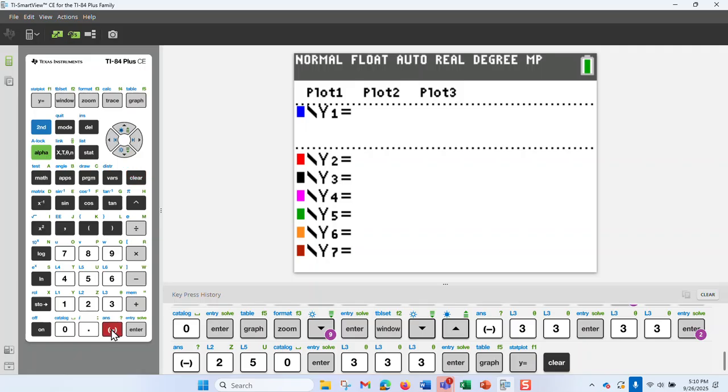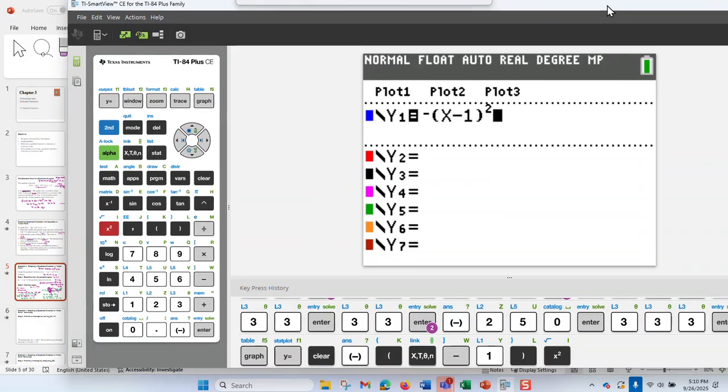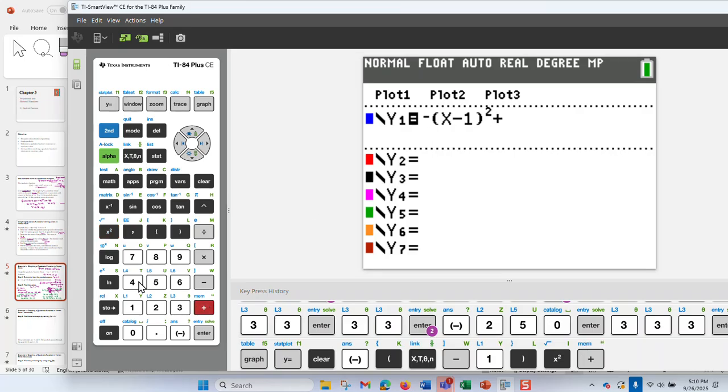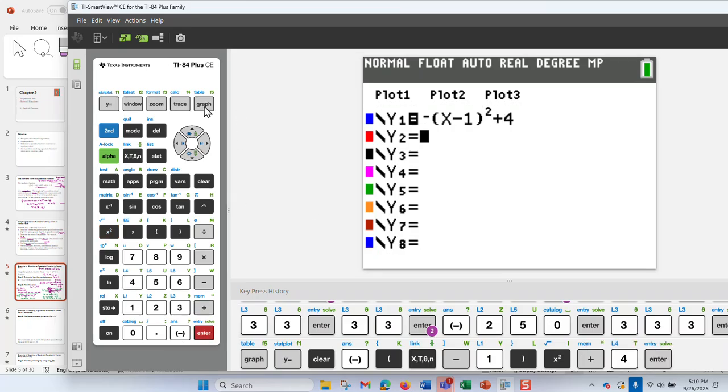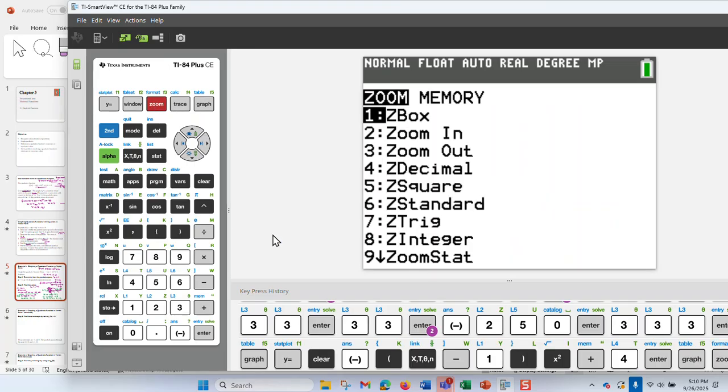Remember, negative outside, you have to use a parenthesis. Okay, negative (x minus 1) squared, and then plus 4. Okay, we're going to graph it. All right, we can zoom. I can zoom to standard, Zoom 6.